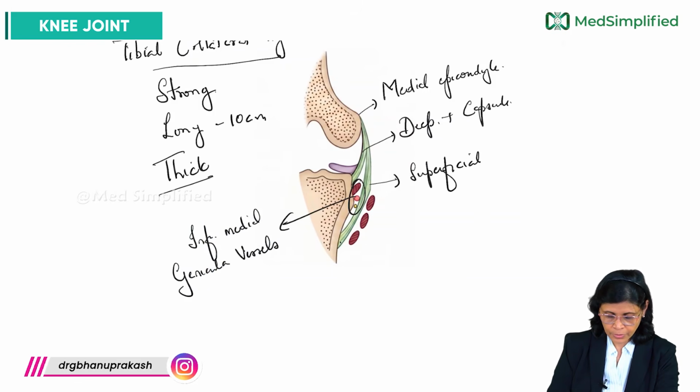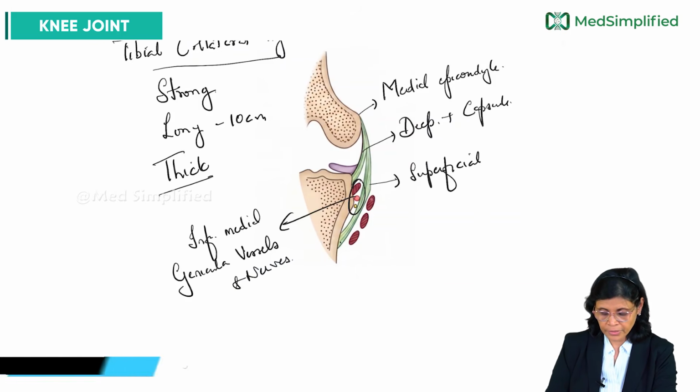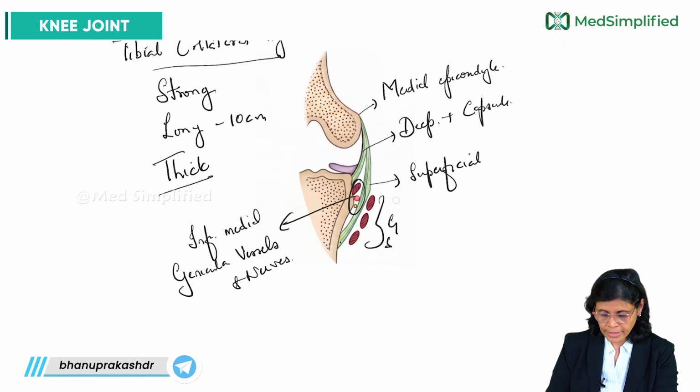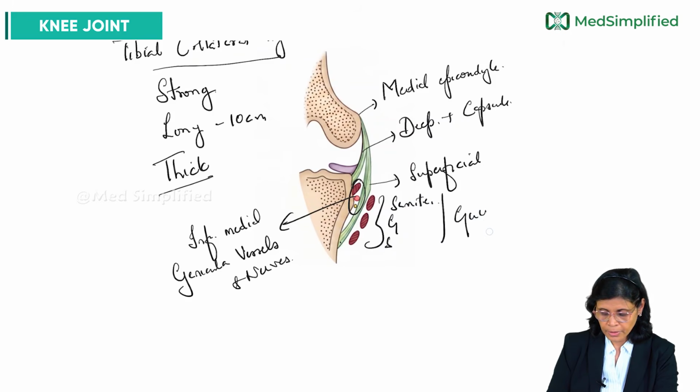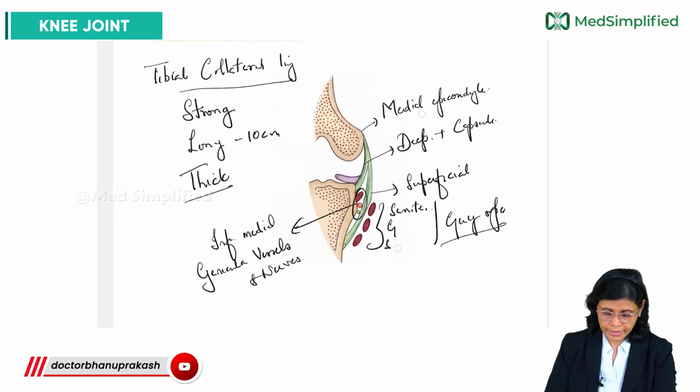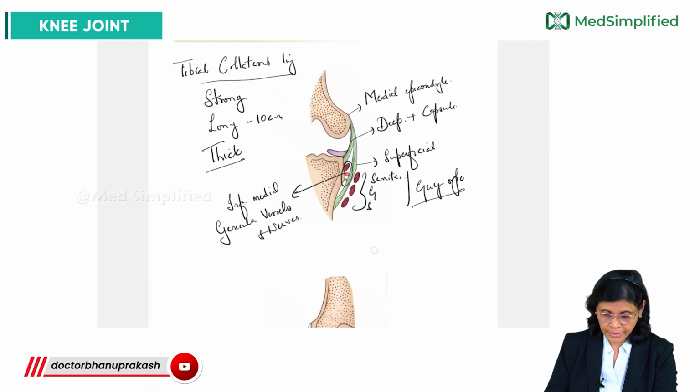So it will be enclosing these structures, meaning basically covering these structures. On the outer part, you can see the tendons of the gyrope muscles, that is sartorius, gracilis and semitendinosus. So they are known as the gyrope muscles. So that will be the relation there of the tibial collateral ligament.